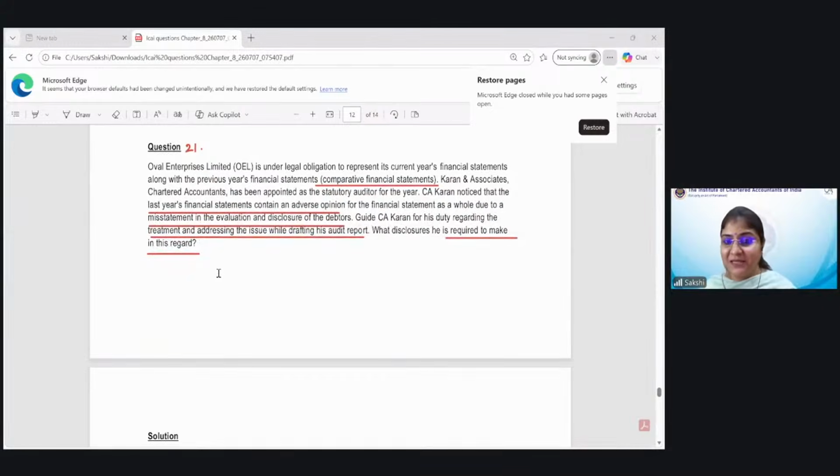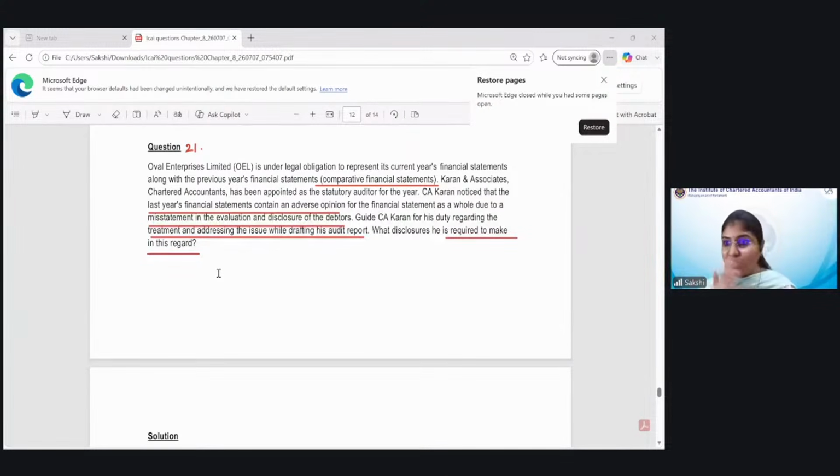Oval Enterprises Limited is under a legal obligation to present its current year's financial statements along with the previous year's financial statements. That is the comparative financial statements. Current Associate Chartered Accountants have been appointed as the statutory auditor for the year. CA Current noticed that the last year's financial statements contained an adverse opinion for the financial statements as a whole.